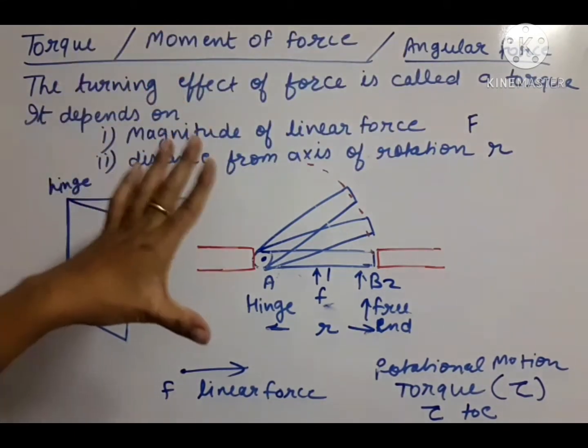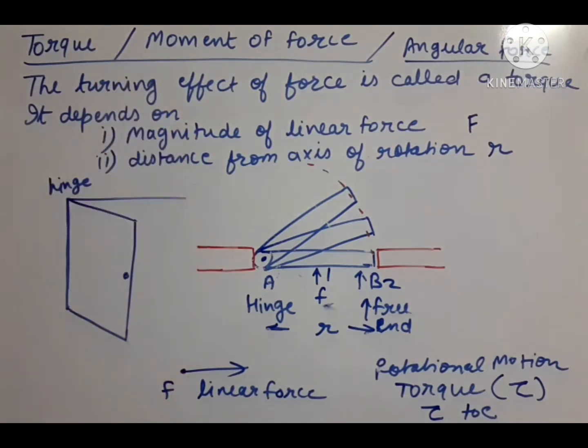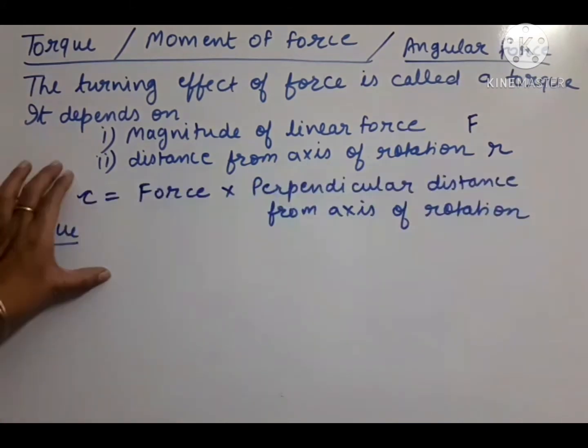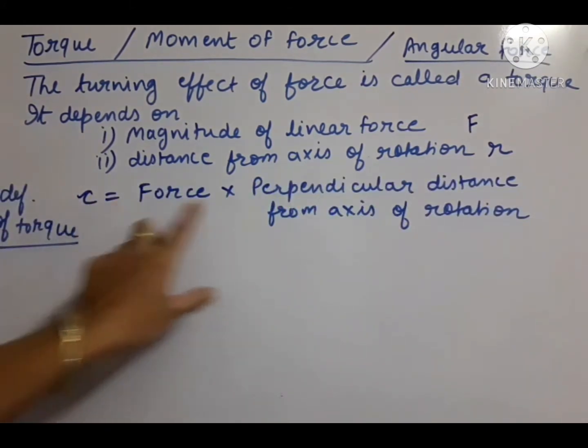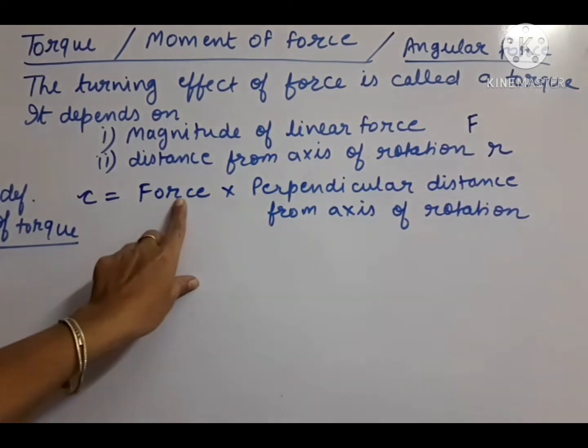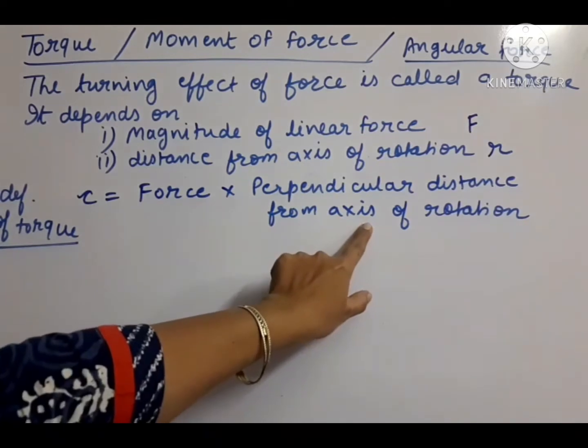So now we need to make a formula for this torque in the next sheet. So note down all this detail. The proper definition of the torque is that torque is the product of two quantities, force and the perpendicular distance from the axis of rotation.